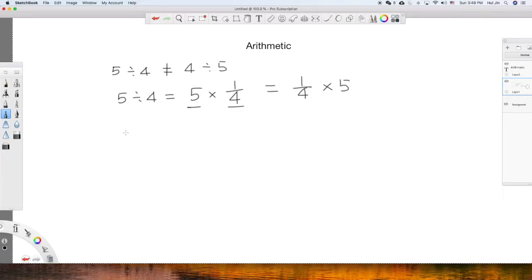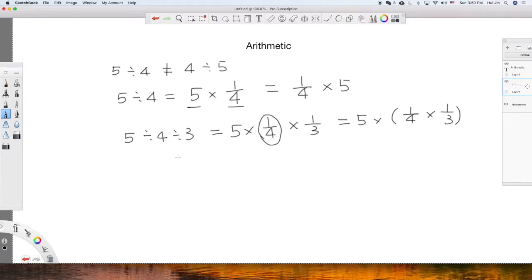Similarly, 5 divided by 4 divided by 3 equals 5 times 1 over 4 times 1 over 3. So the trick of changing division to multiplication is introducing this 1 over something, and that is called a reciprocal.